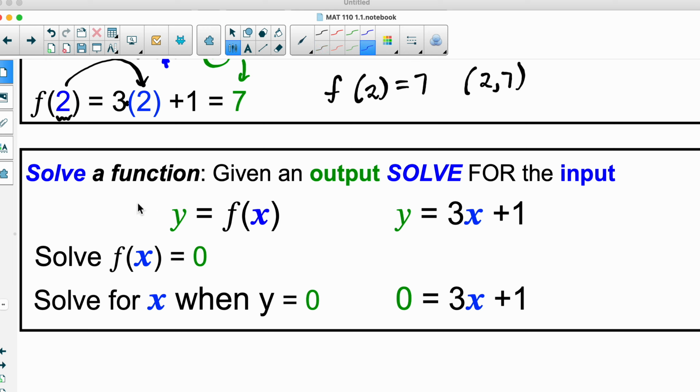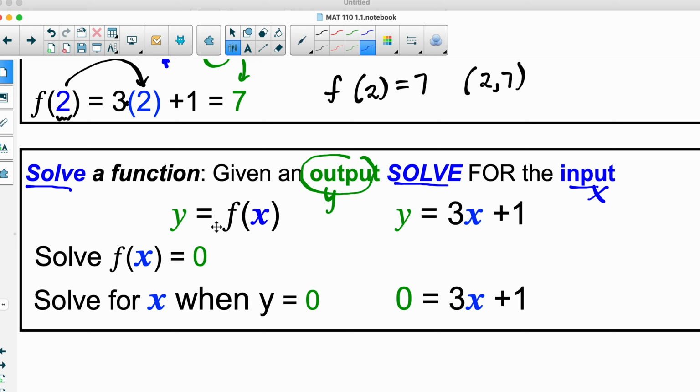So we also can solve a function, and solving is sort of the opposite. When we're going to solve a function, we're given the output and we want to solve for the input. In other words, we're given the y value and we want to solve for the x value. So let's take the same function as before.